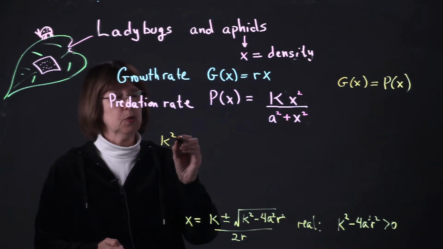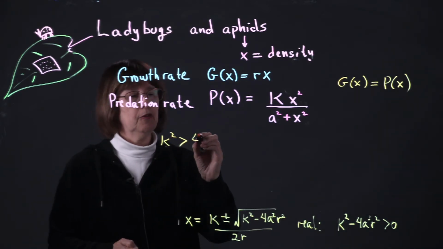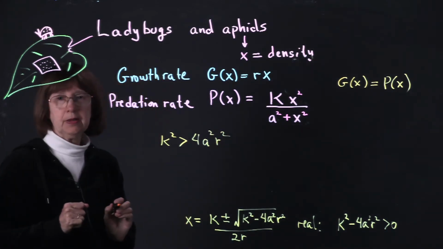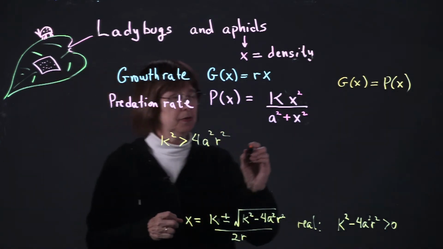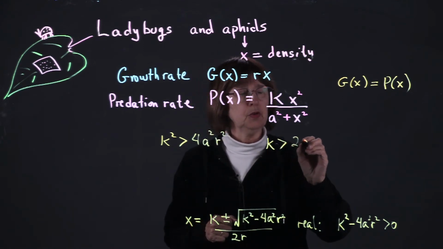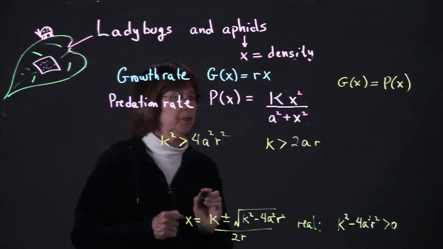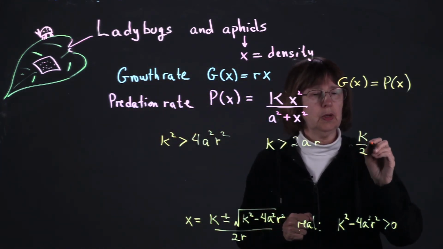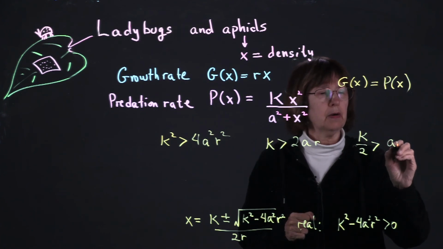Let's write k squared is bigger than 4a squared r squared. Now, using the fact that all these constants are positive, we can rewrite this as k is greater than 2ar, or in the more suggestive form, k over 2 is greater than ar.